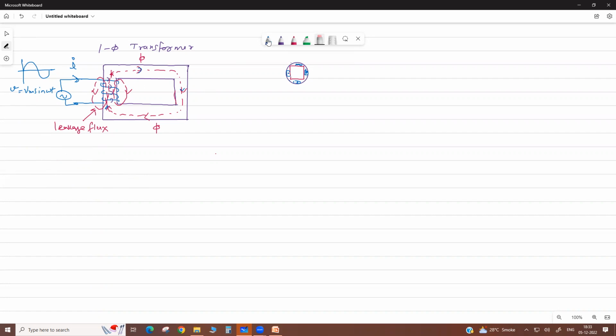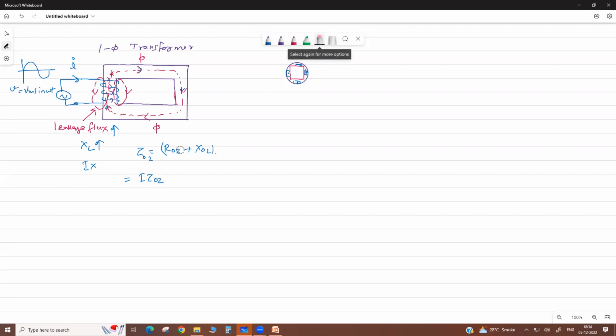If the leakage flux is higher, your leakage reactance will be higher. Then this impedance is the total resistance as referred to the secondary side plus total leakage reactance as referred to the primary side. This is your impedance, Z02. Now due to this there is a voltage drop.